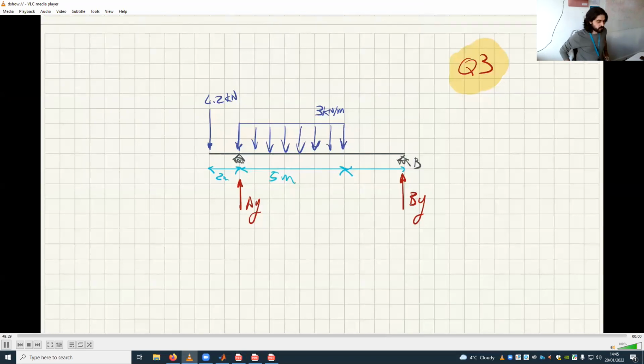So first of all, we have a distributed load. How do we treat a distributed load? You can find the equivalent force, the force that is equivalent to that distributed load. So the equivalent force is, of course, passing through the centroid of the distribution, which is that point there.